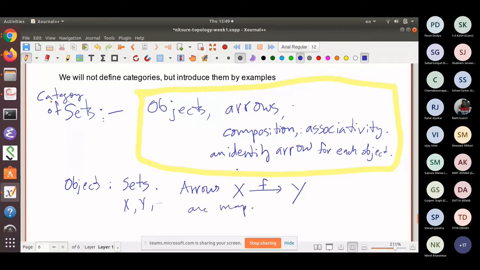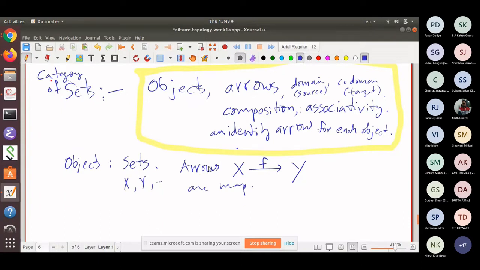And each arrow has a domain or source, and a codomain, also called target. So what is the domain of this map? X. What is the codomain of this arrow? Y. So arrows are maps. Domains are the domains of maps. Codomains are the codomains of maps. Or this X is the source of this arrow and Y is the target of this arrow, because the arrow is going from X to Y.